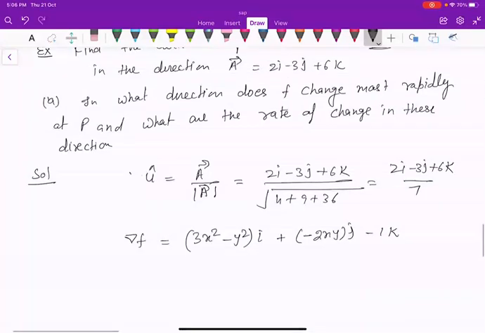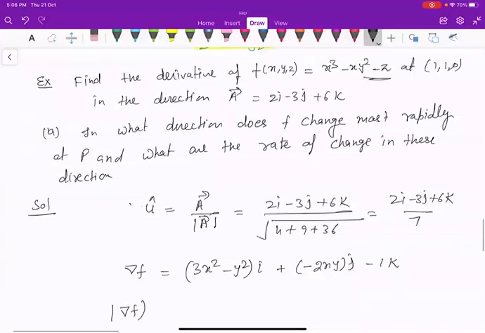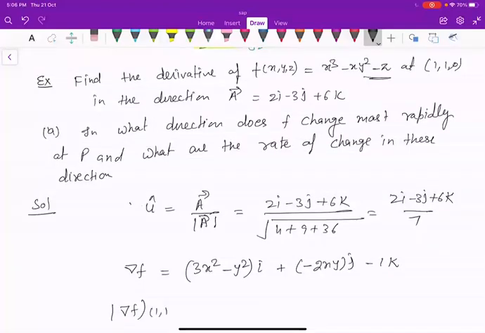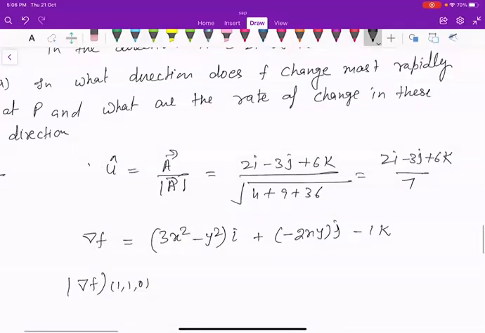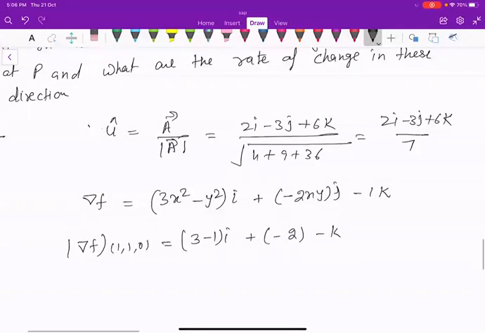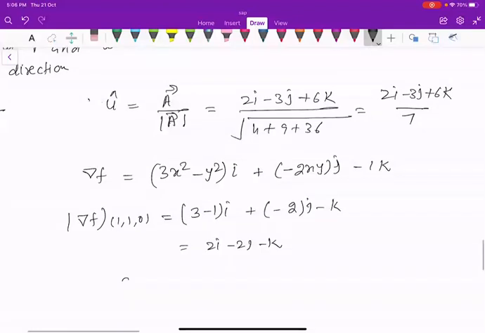Okay, so del f at the point 1, 1, 0 is equal to what? 3 minus 1 i plus minus of 2 j minus k. So this is 2i minus 2j minus k. Okay.